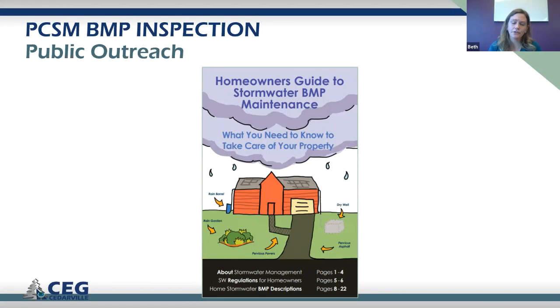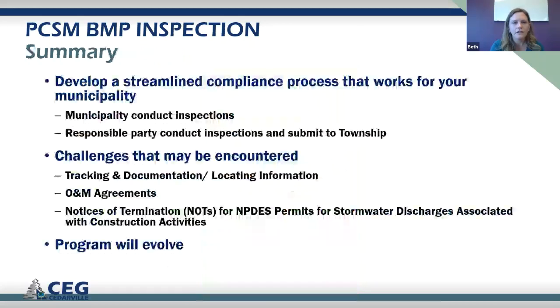If you Google it, you can find it. It's called A Homeowner's Guide to Stormwater BMP Maintenance. And it kind of summarizes the maintenance requirements in the BMP manual. It may not be particular to their BMP or their O&M requirements, but it gives a good general overview of it.